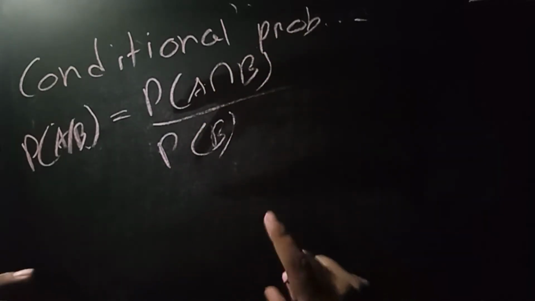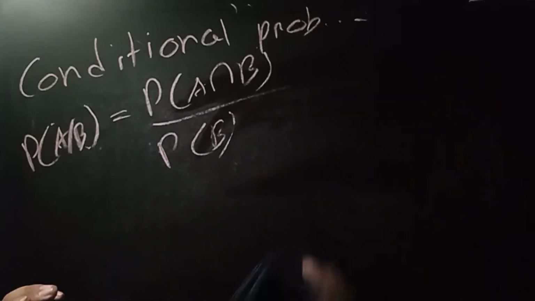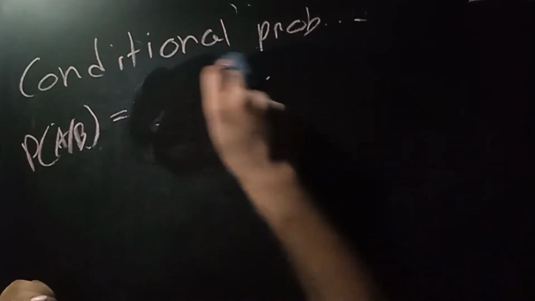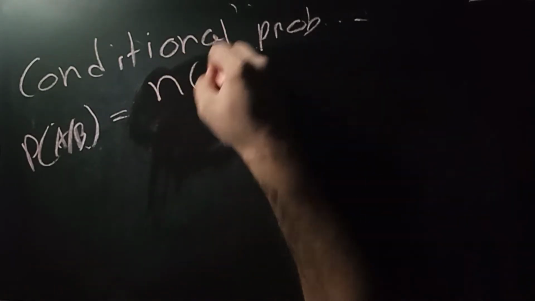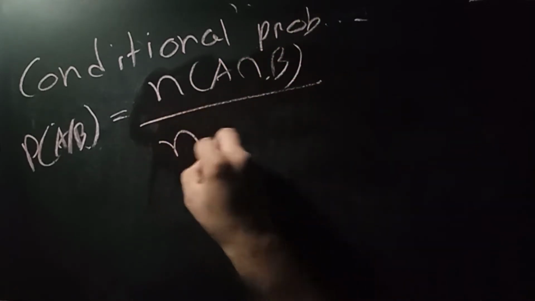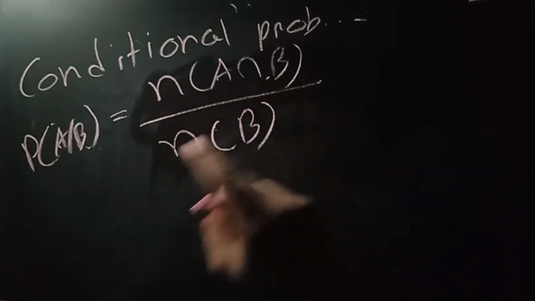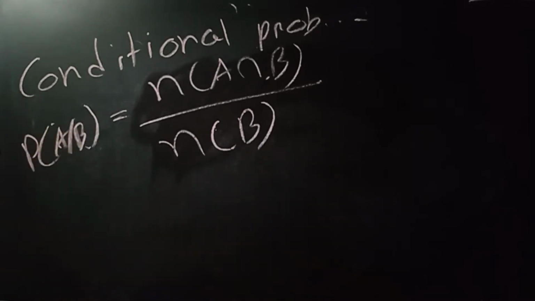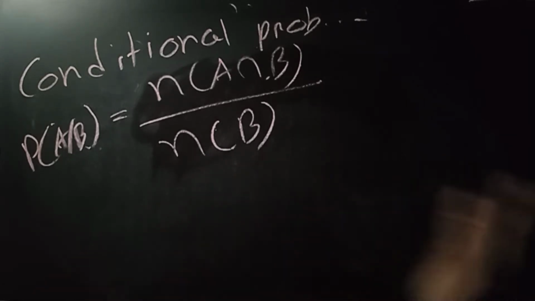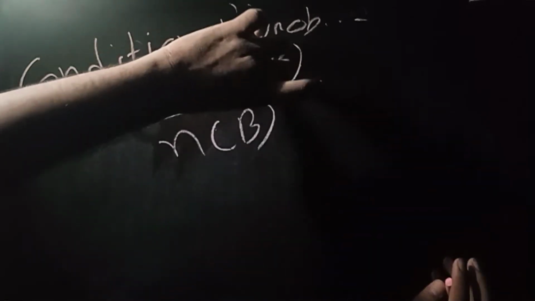But I have seen many people memorize this formula and blindly apply it, but I think a better formula is this one, N of A intersection B by N of B. So this is not the probability but the number of items in A intersection B and B. So whenever you are getting any kind of problem, just think of the number of units that A intersection B contains.